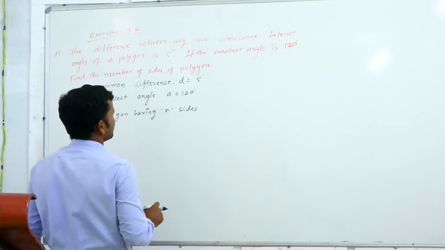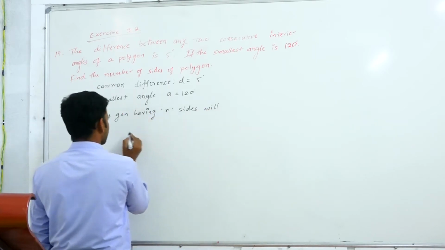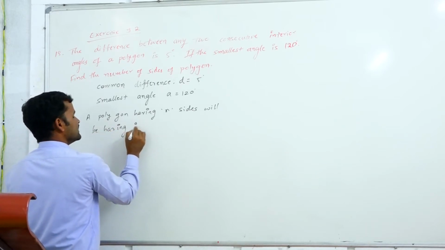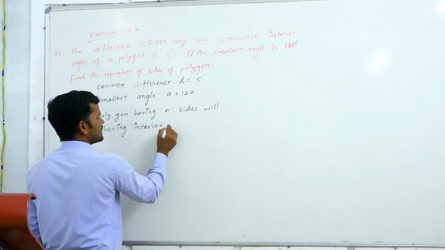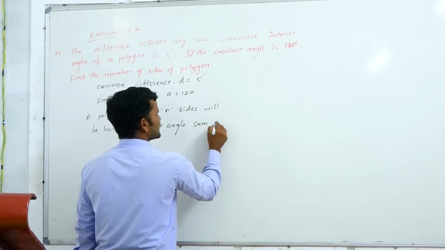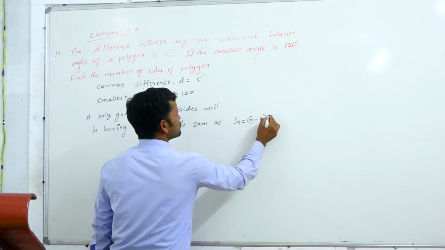A polygon having n sides will be having interior angle sum as Sn is equal to n minus 2 into 180 degree.